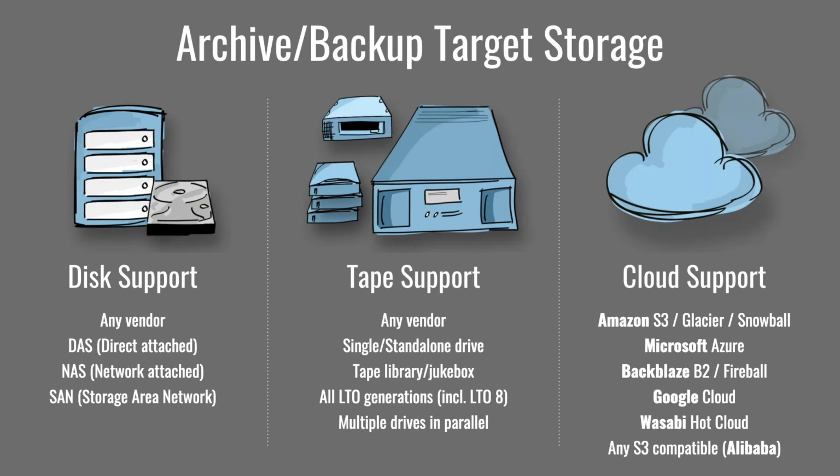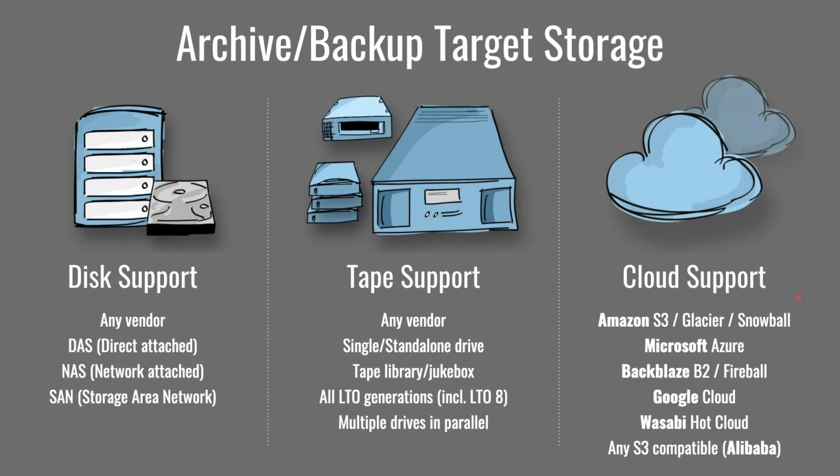As mentioned earlier, we support disk, tape, and cloud storage, just to put a bit more meat on the bone there. So for disk, we support any vendor, whether it's direct attached, network attached, or a SAN. Tape, we support any vendor's tape drives enclosed in any vendor's tape library enclosures, where those are the rack mount things like the big box that you see here. Another slide on that in a sec.